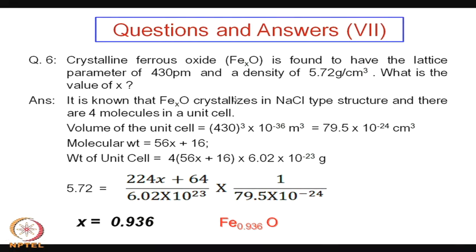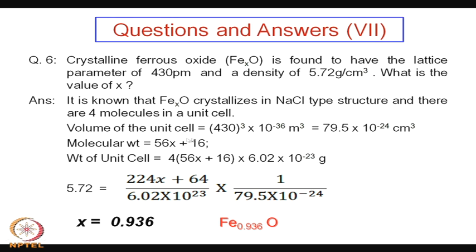That is a very important requirement which must be remembered as much as possible. You will see in a spinel structure there are 8 molecules in a unit cell. There are many others where there is only one molecule per unit cell.